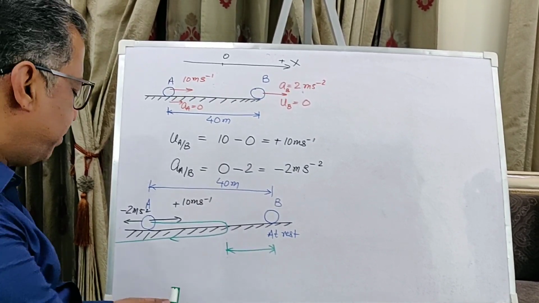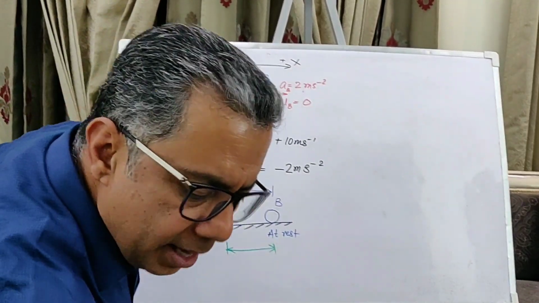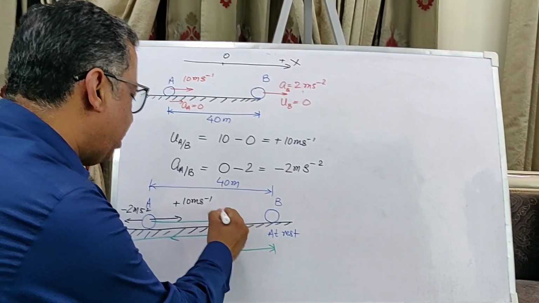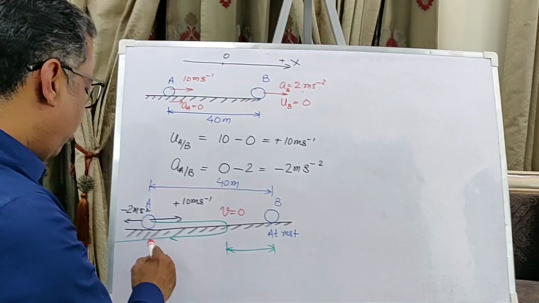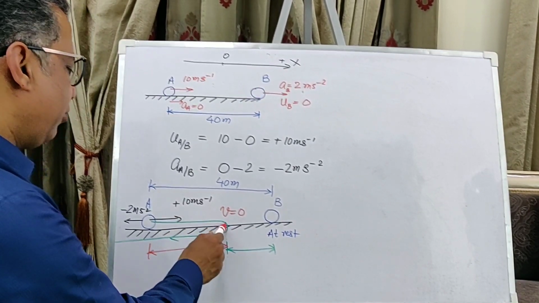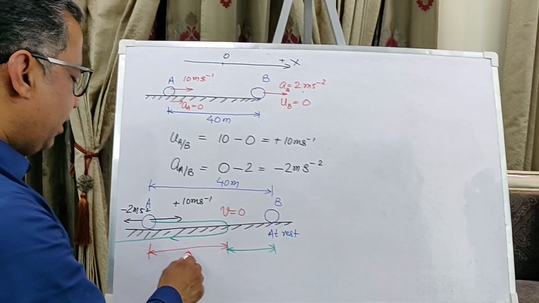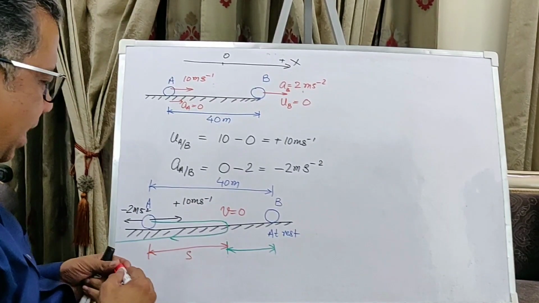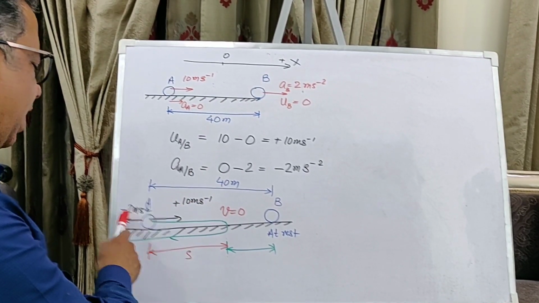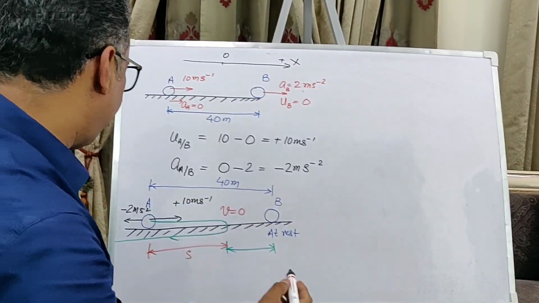Now at this turning point here, the velocity has to become 0. What we'll be calculating is this distance up to which its velocity becomes 0. So let's say this distance is s. The final velocity here is 0, initial velocity is 10, and the acceleration is minus 2 meter per second square.